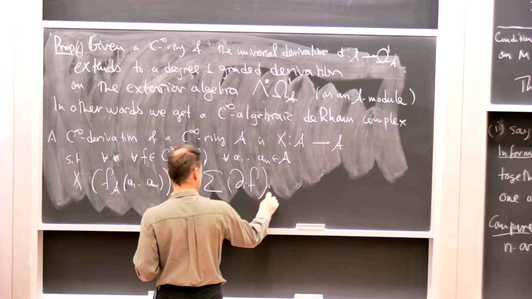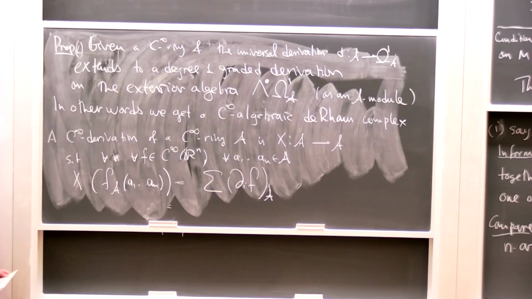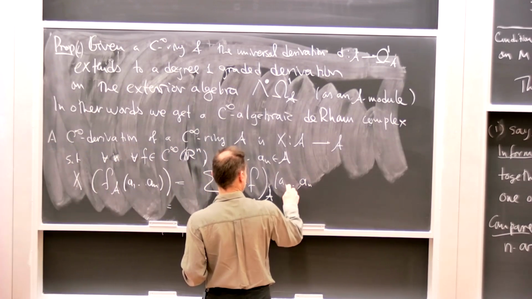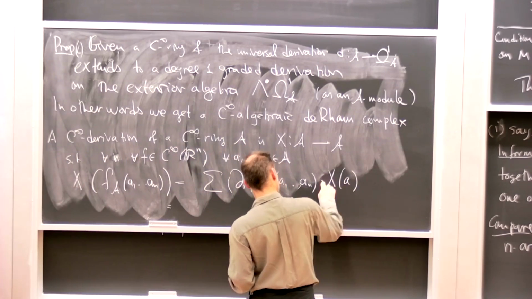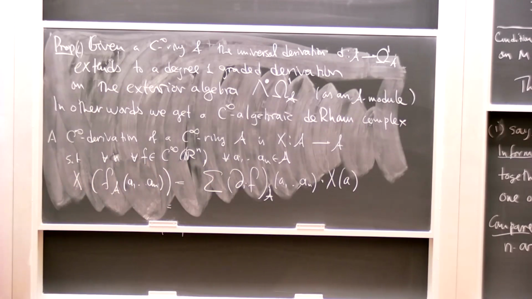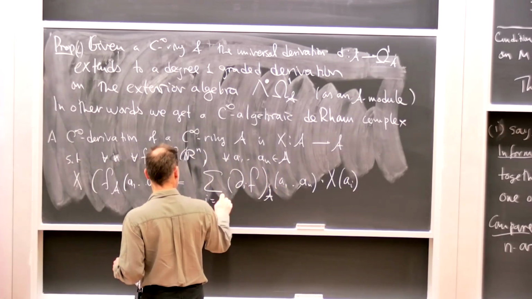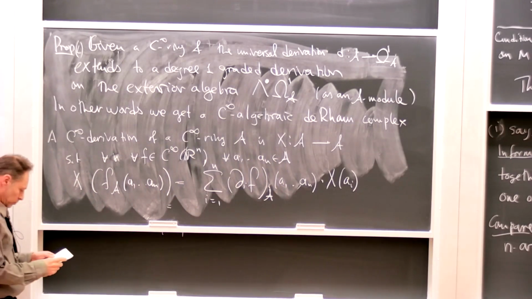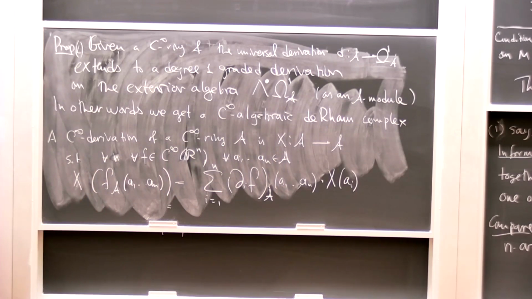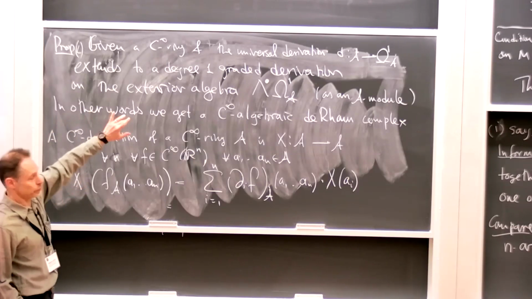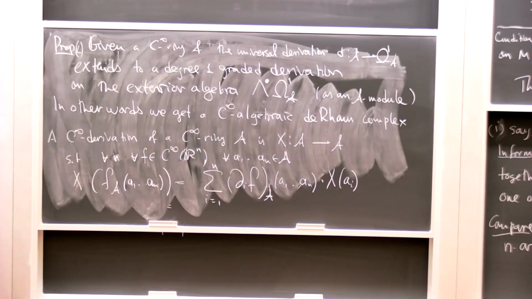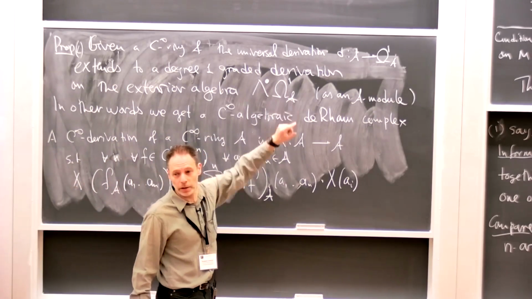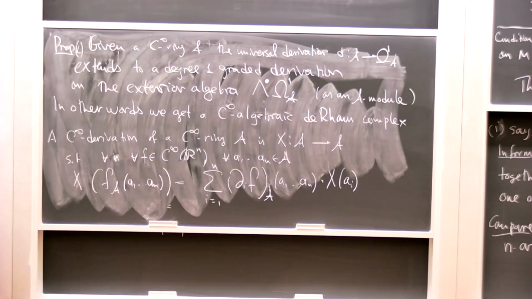So I can take partials, and they define more operations. Take those, apply them to the elements, and multiply by the derivatives of the xi. So this is a sum over i. Sorry about the typos. And then you can replace derivations with values in the C infinity ring with derivations with values in the module. And that's what that guy is. So there are two notions of derivations floating around, right? There is a derivation with respect to the wedge product here. That's what this d is. And then there is derivation in the C infinity ring sense.